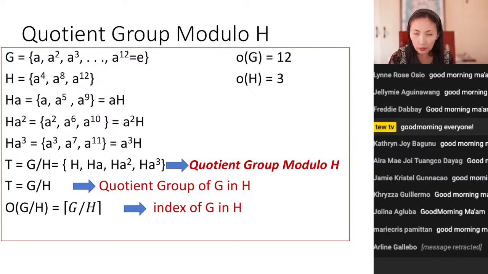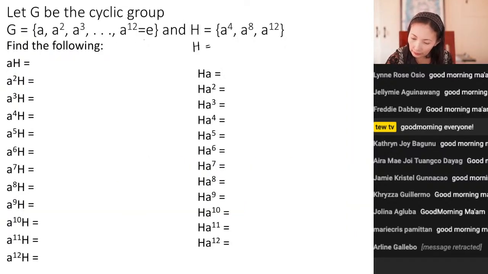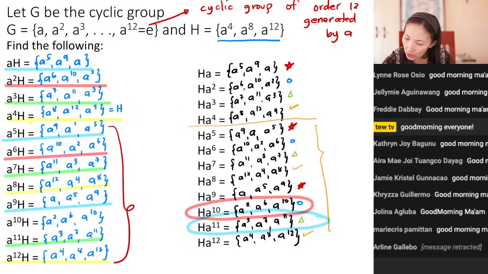And HA squared is equal to A squared H. HA cubed is equal to, nandun yun sa ating solution kanina. Pakita natin ulit. Ito. HA is equal to HA to the 5th. HA squared is equal to, okay. Ayan.